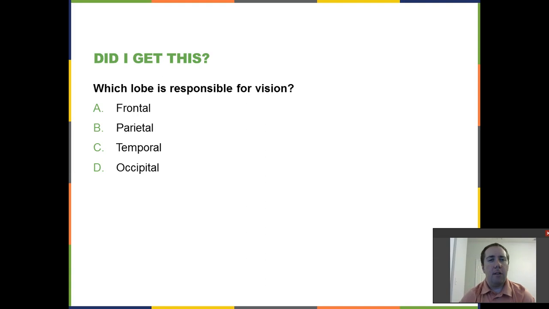What is the frontal lobe primarily for? Motor function. Parietal up here. Might have to go back a few slides.